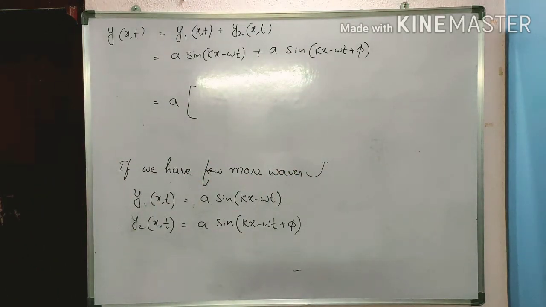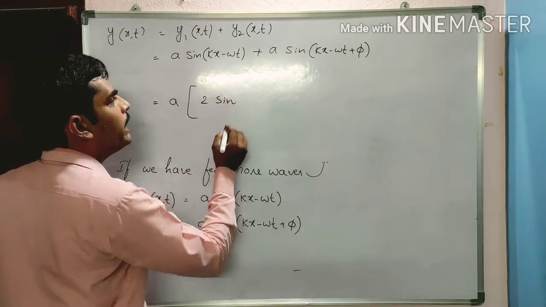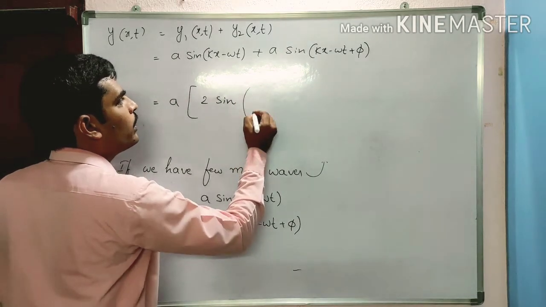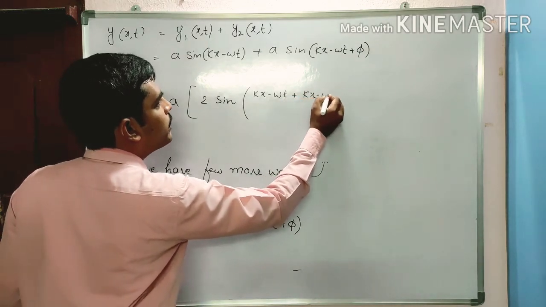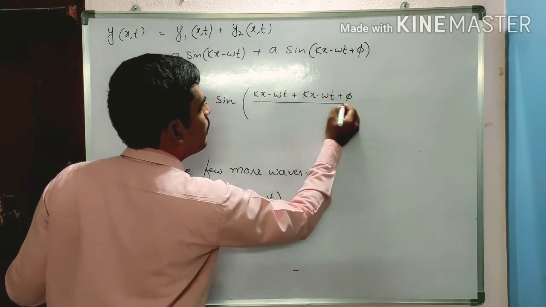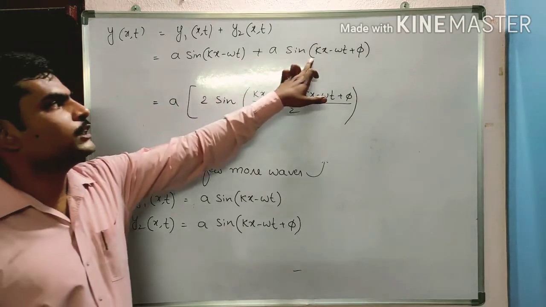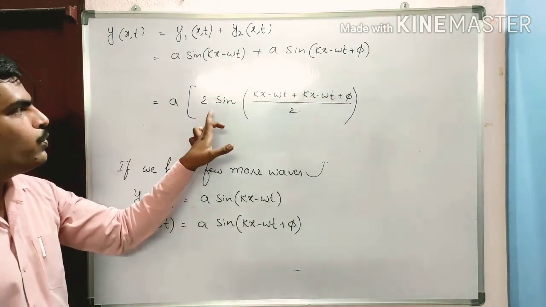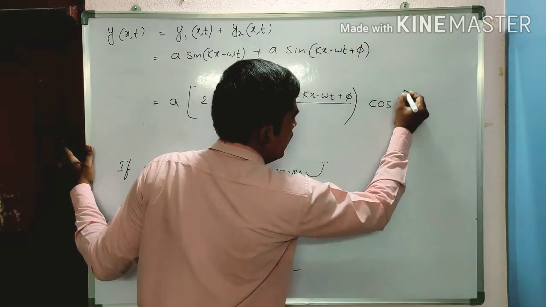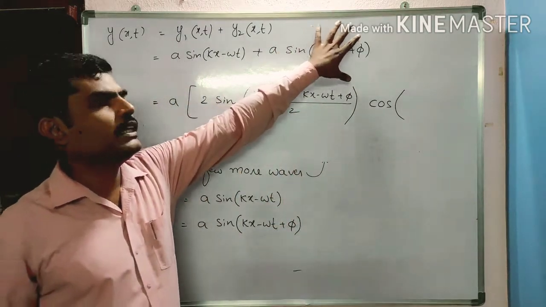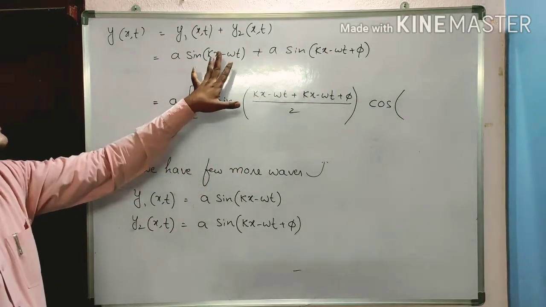Sin a plus sin b, what is sin a plus sin b? 2 sin((a + b)/2) cos((a − b)/2), where a = kx − ωt and b = kx − ωt + φ. Let me take this one as (a − b)/2: a minus b is kx − ωt + φ minus (kx − ωt).